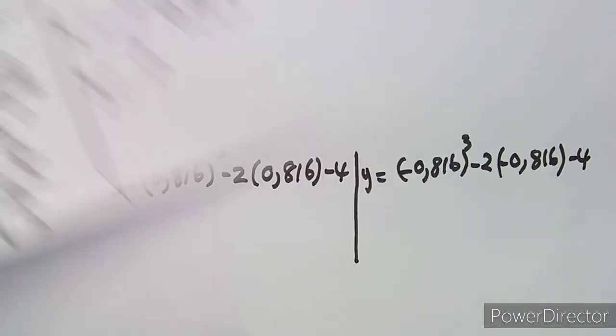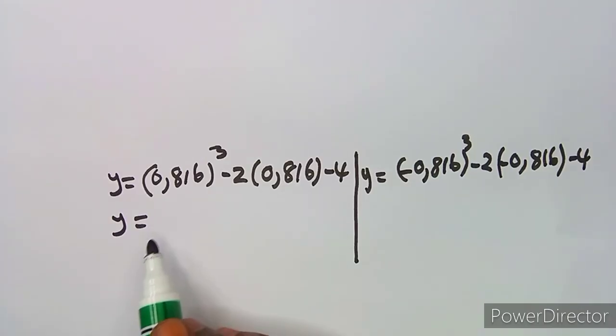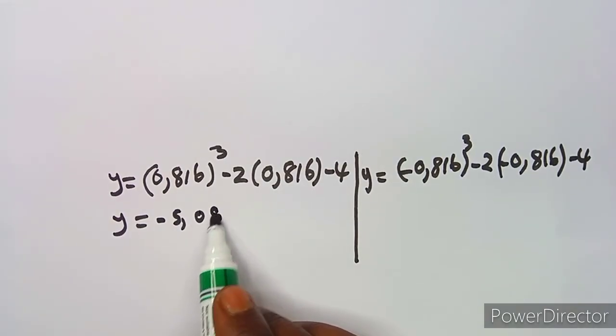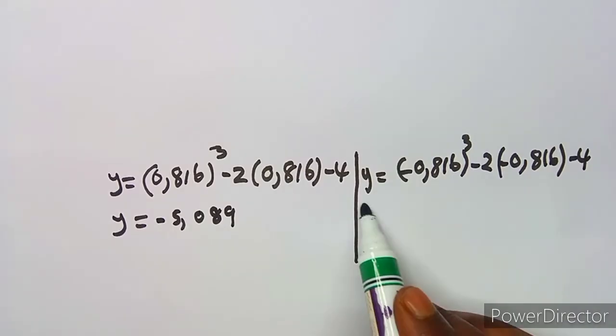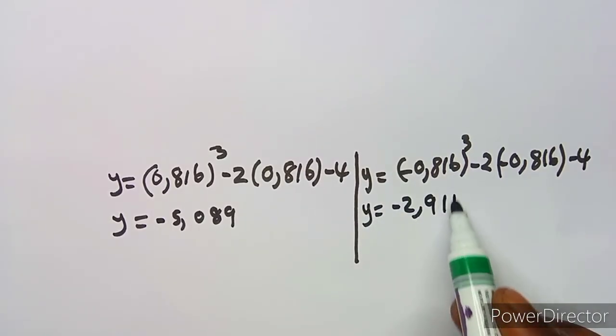Okay, so on this one you are going to obtain minus 5.08. Make sure that you substitute properly, guys. You're going to obtain minus 5.0819. Then this one you're going to obtain negative 2.911.